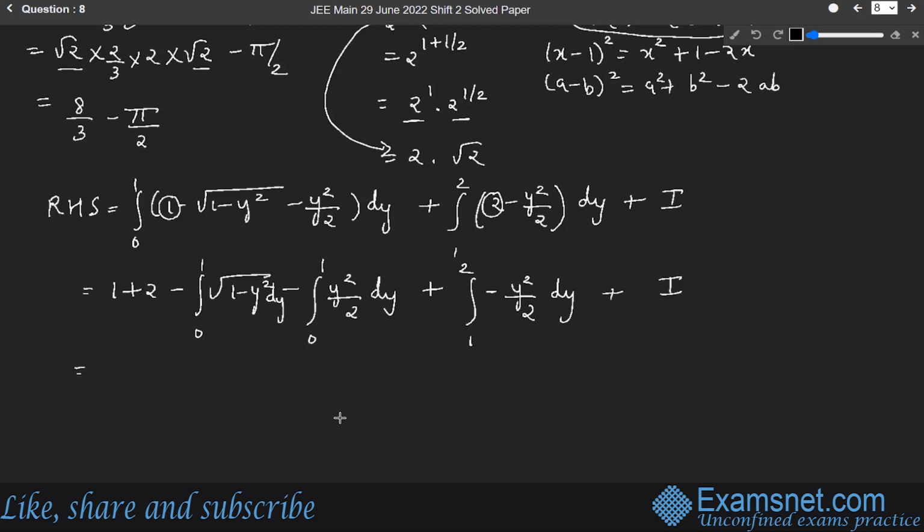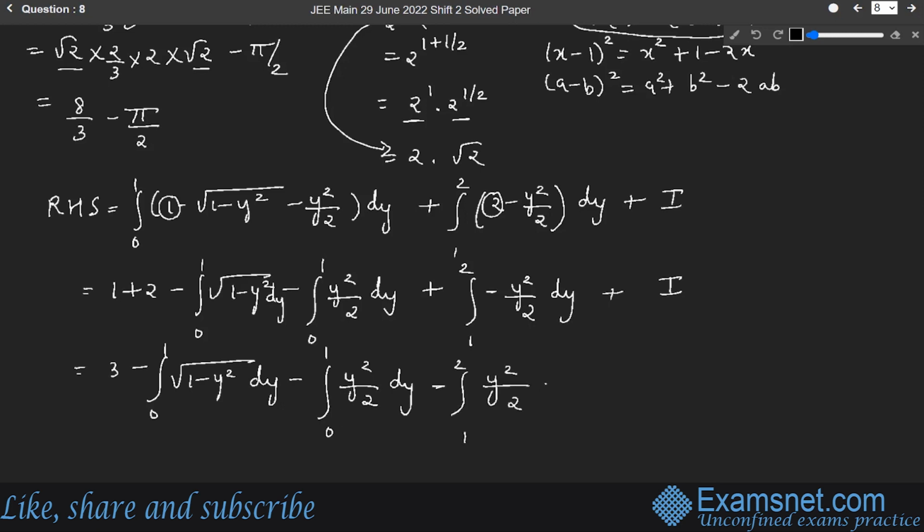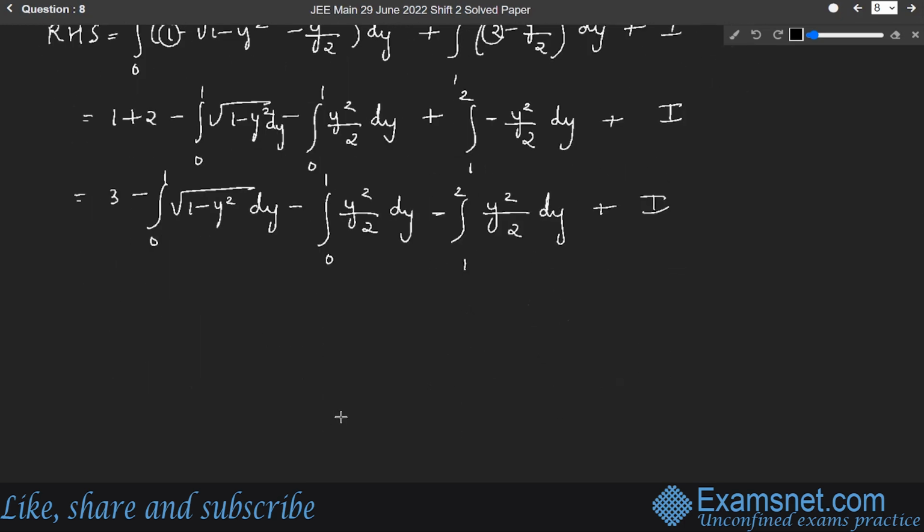So this is equal to 1 plus 2 is 3. 3 minus integral of 0 to 1 under root of 1 minus y square dy, minus integral of 0 to 1 y square by 2 dy, plus minus will be again minus integral of 1 to 2 y square by 2 dy, plus I. Now we can see that both the terms are equal. Only the limits are different.